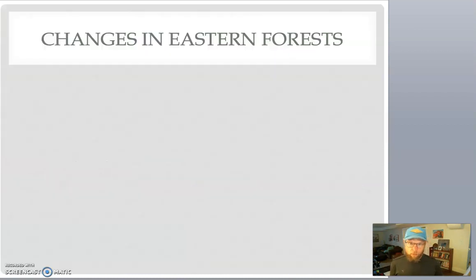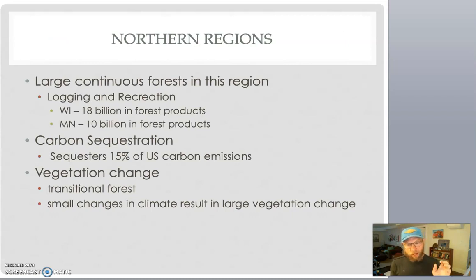Okay, let's talk more broadly about some of the management considerations in the eastern US. Especially as we're thinking about the more northern forests, we're talking about that New England, St. Lawrence Valley area, Adirondacks, and then over into northern Michigan, Wisconsin, Minnesota areas in particular.